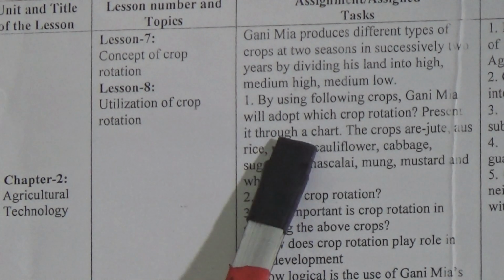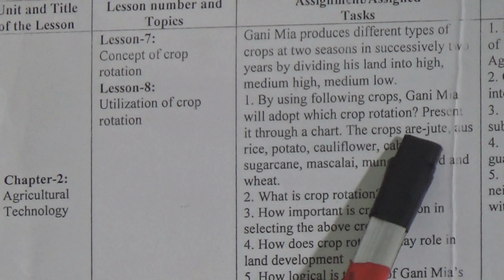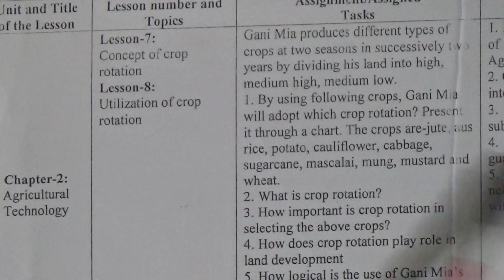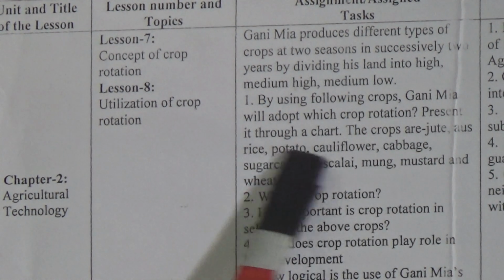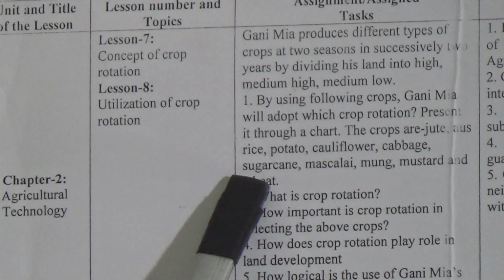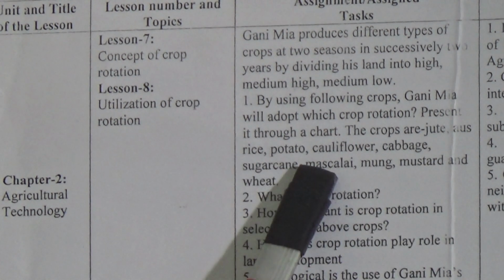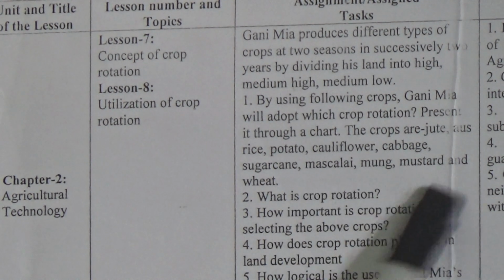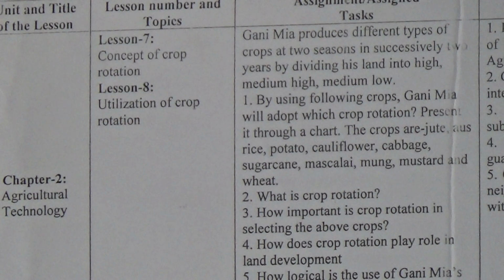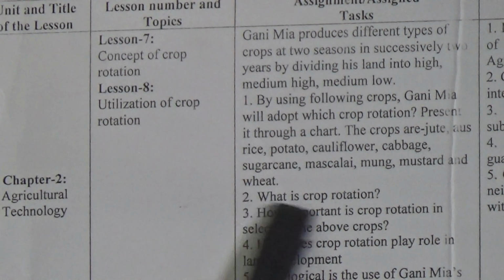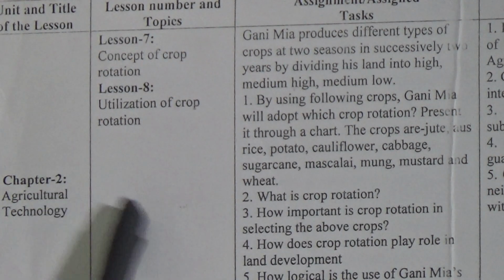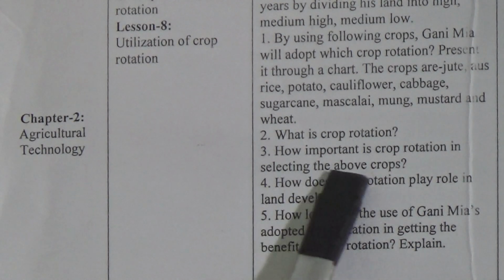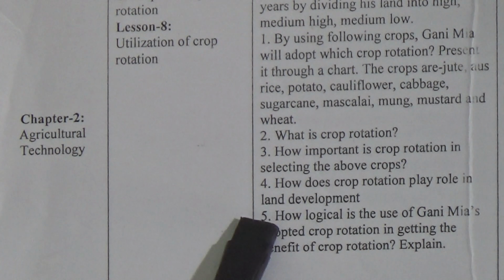Present it through a chart. The crops are jute, house rice, potato, cauliflower, cabbage, sugarcane, mashkalai, mung, mustard, and wheat. Then, what is crop rotation? Number 3, how important is crop rotation in selecting the above crops?